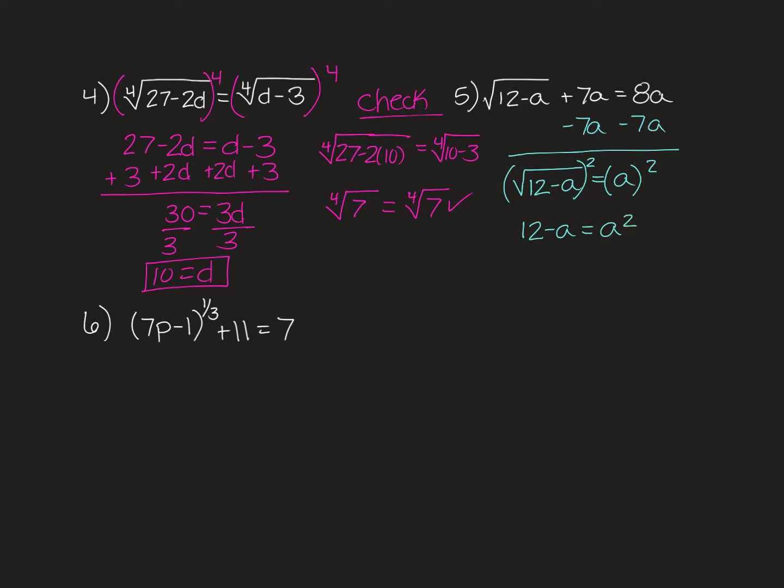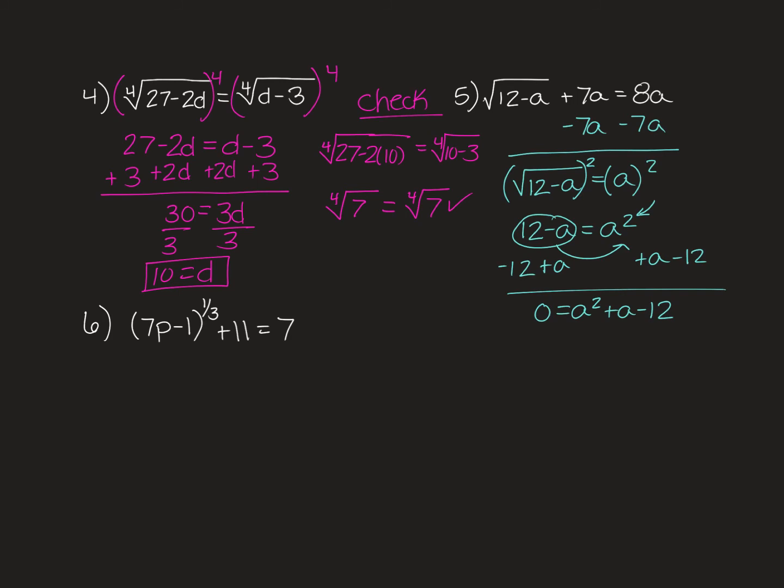Anytime you have a variable squared, you gotta think about factoring. So get everything on one side of your equation. So I'm gonna move all of this stuff over here. I'm gonna add a and subtract 12. So I will get 0 is equal to a squared plus a minus 12. Now think about factoring.